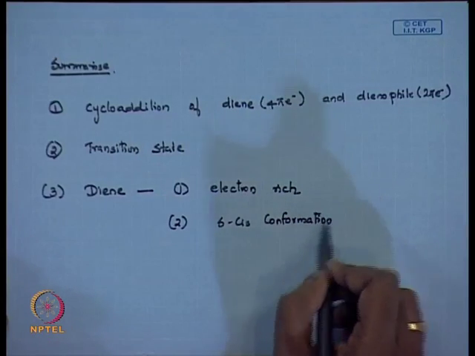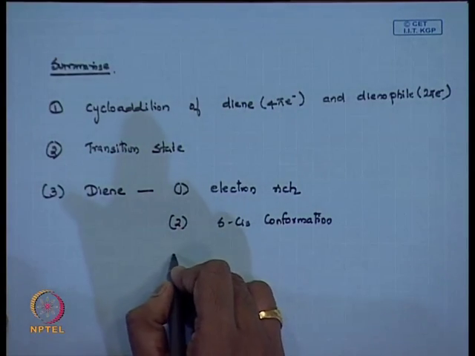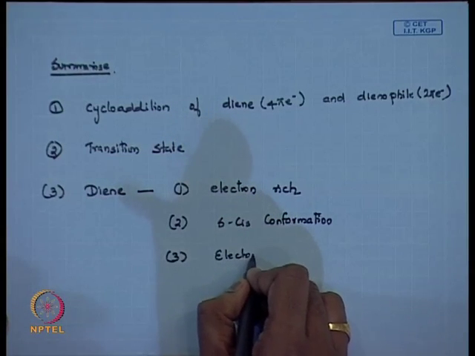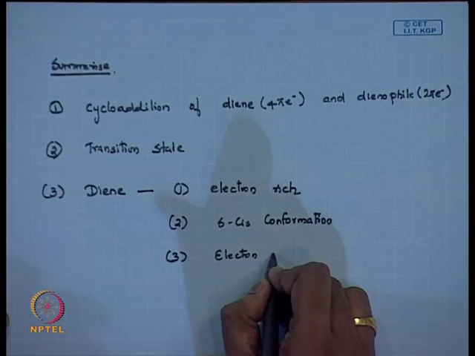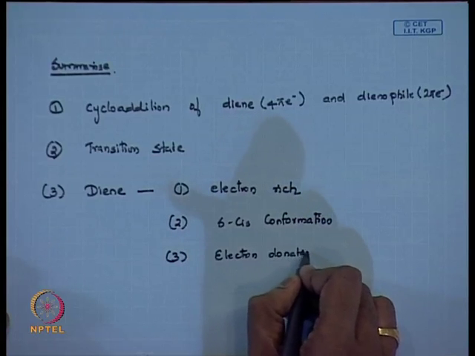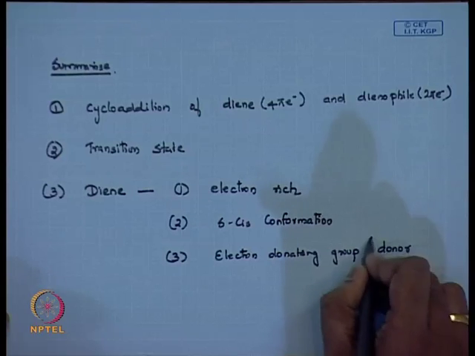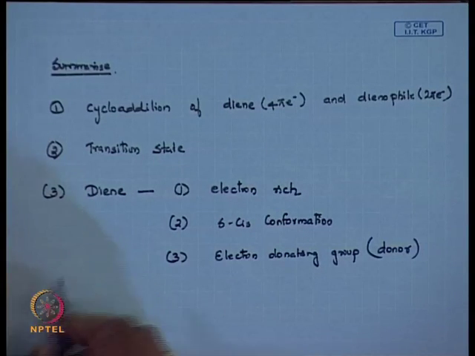But in a linear system, like butadiene, you always have an equilibrium between S-cis and S-trans, and the S-cis form reacts. So, these are the two important conditions: electron rich and S-cis. That means your diene should have electron donating groups, which are your donor molecules. If they are there, it is nice. That is about your diene.